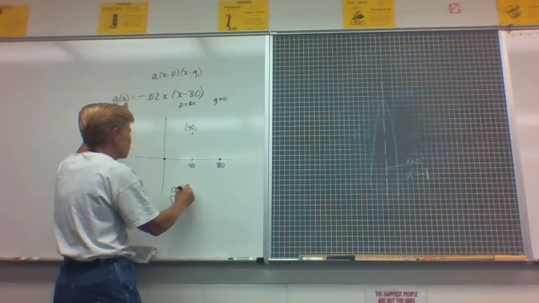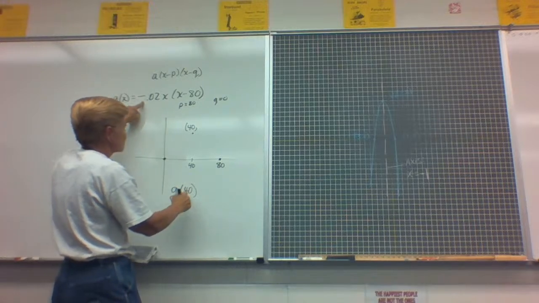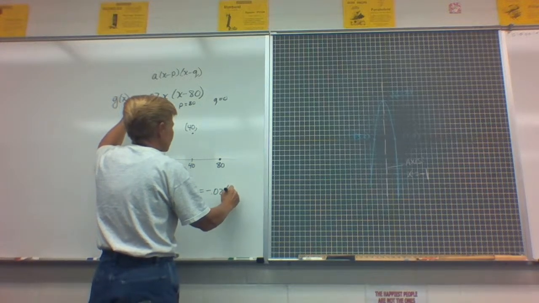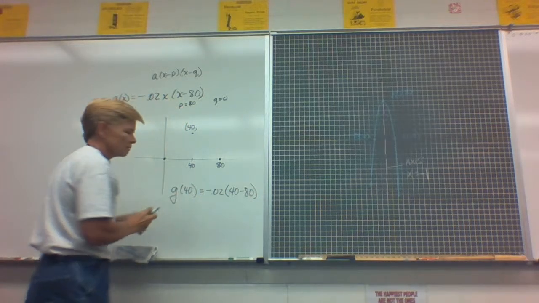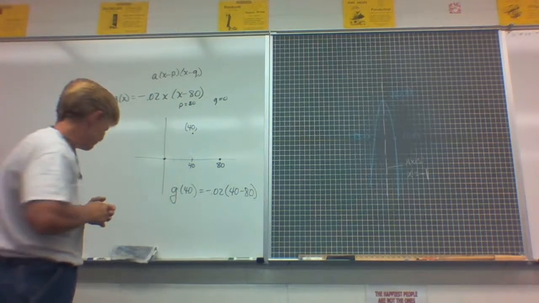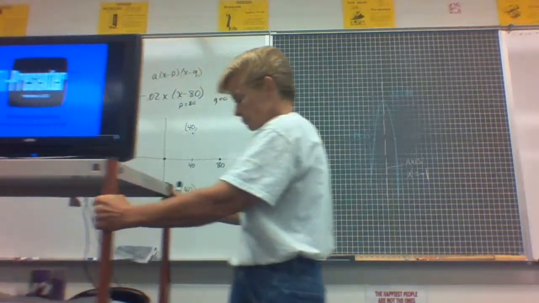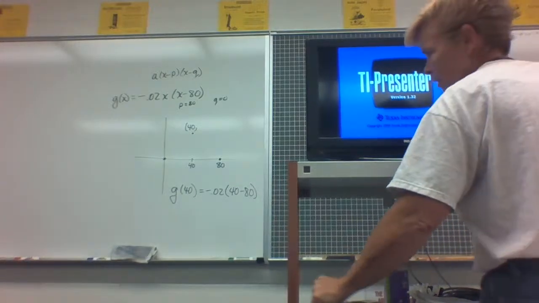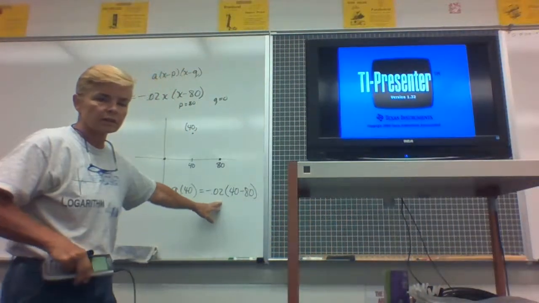G of 40, that x value right there, I want to know what the y value is that goes with this. It's going to be negative 0.02 times 40 minus 80. And I grab my calculator and make it do this nasty calculation right here.